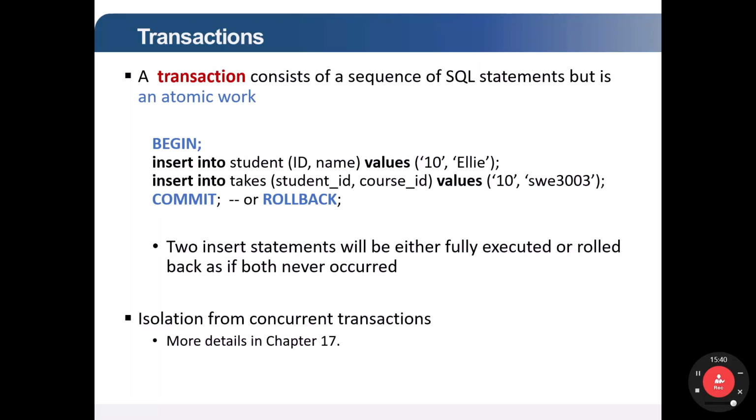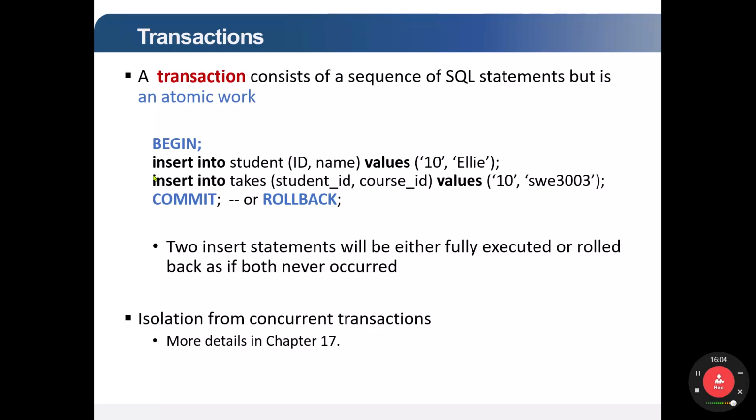What does it mean? So here we are inserting Ellie into a student table, and we are inserting this course information. It seems Ellie took the database course, so we want to insert this record into the student table and this record into the takes table.